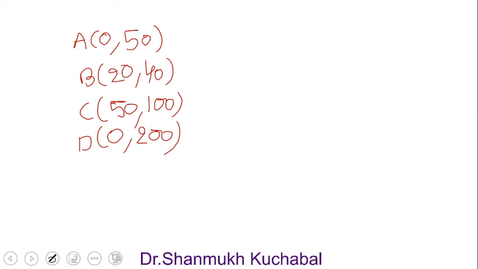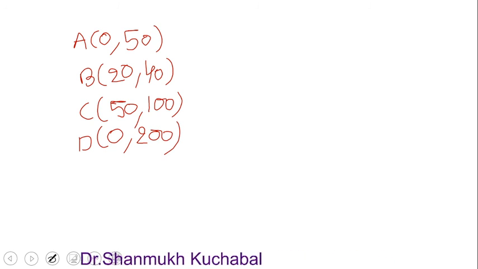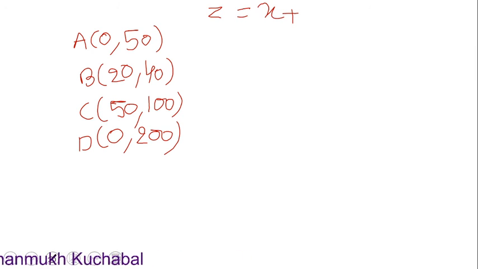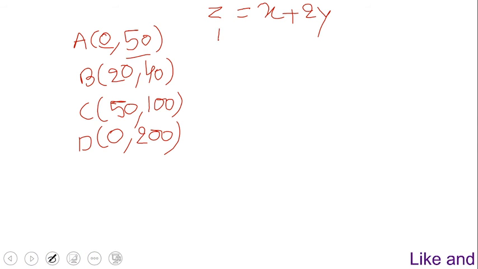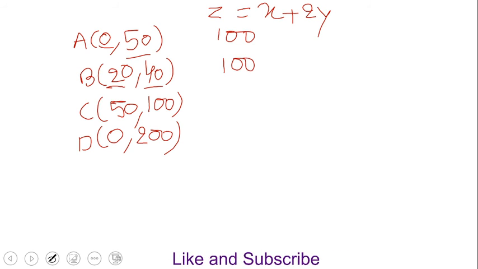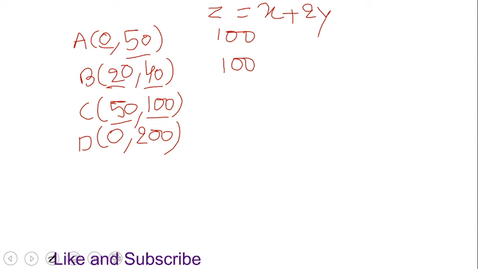Our Z equation is Z equal to x plus 2y. Now we'll take x equal to 0, y equal to 50, and we get a value of 100. Next we take x equal to 20, y equal to 40, and we get Z as 100. Next we take x equal to 50, y equal to 100, and we get Z as 250.